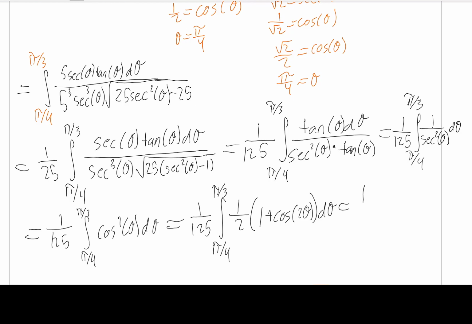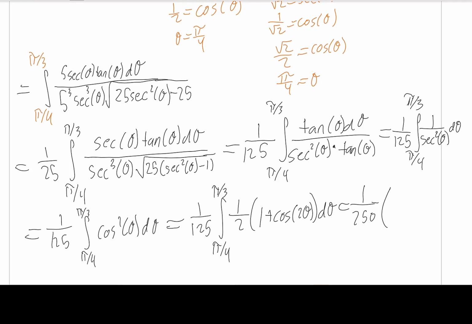And so this becomes 1 over 250 times the integral from pi over 4 to pi over 3 of 1 plus cosine 2 theta. We have a formula for that, but in this case we're not going to need it because we have definite limits. So we're just going to go ahead and integrate this.